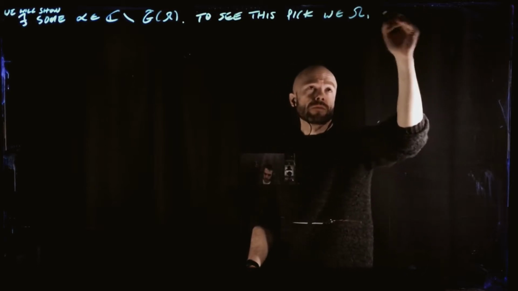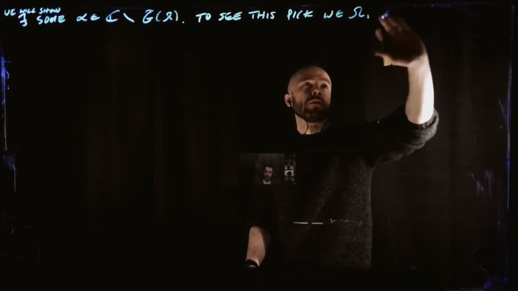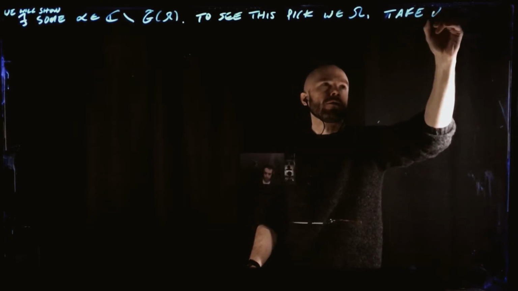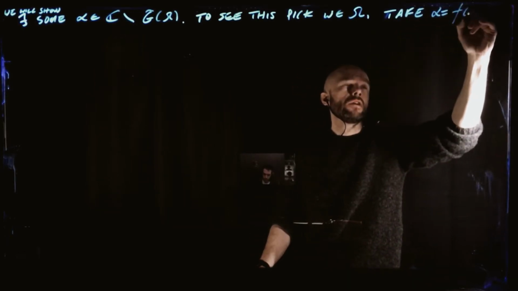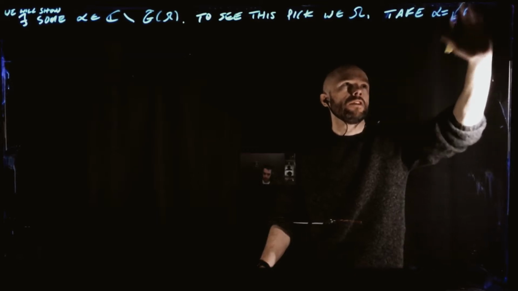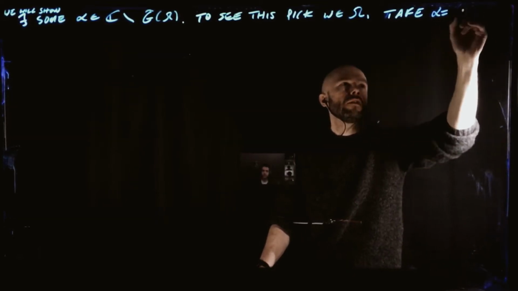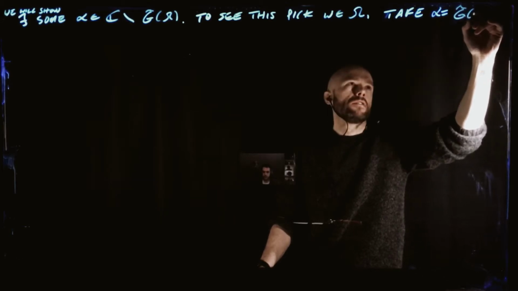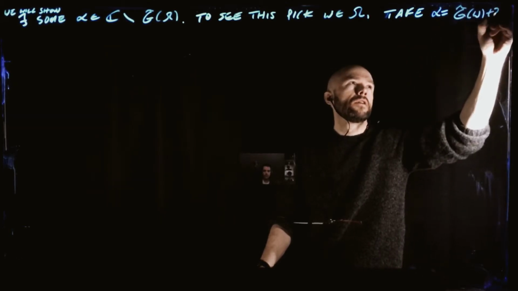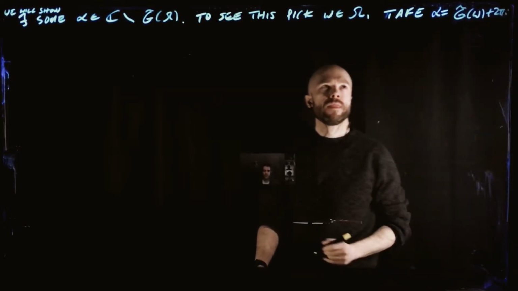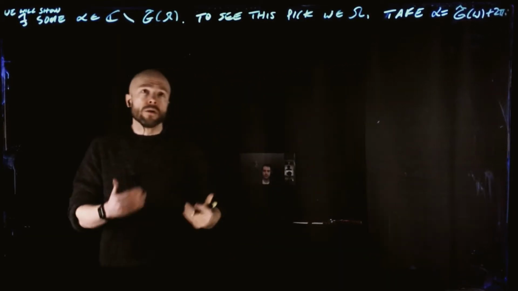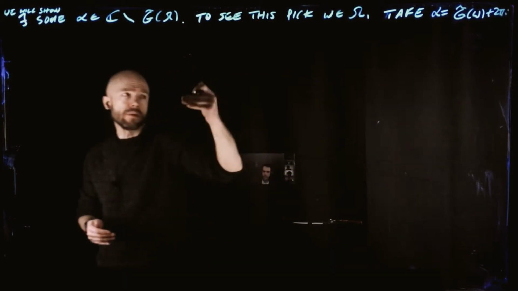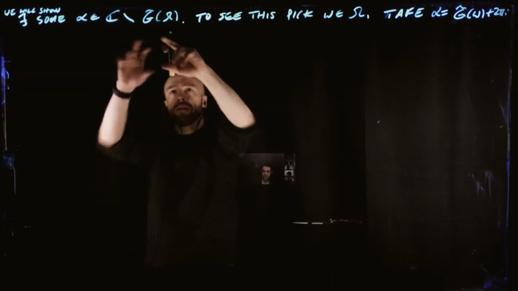And then I claim, I'm going to take alpha to be f of, or not f, we called it G tilde of w plus 2 pi i. Okay, so why is it the case that this thing will actually not be allowed to be in the image of this thing?